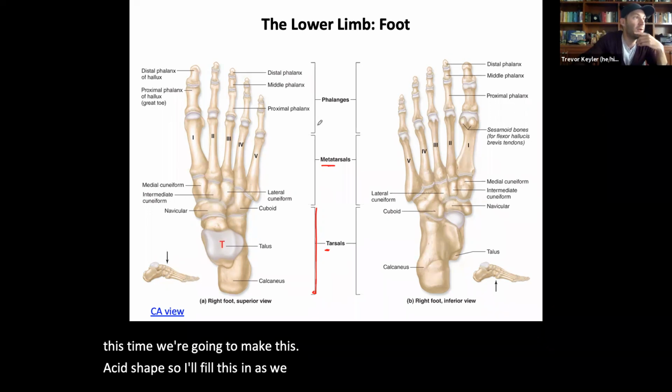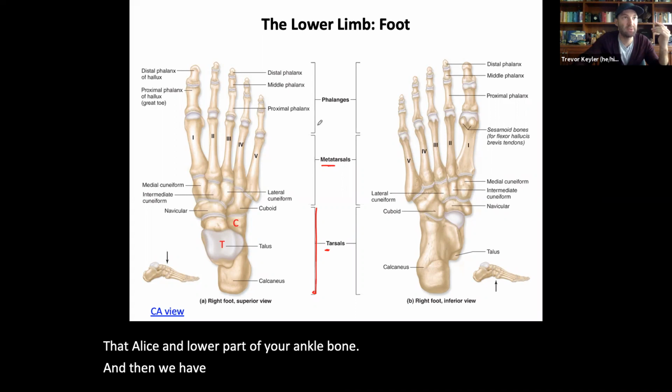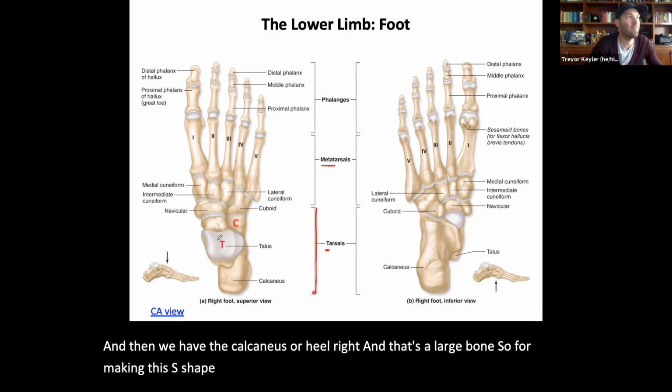Okay, so we've got the talus, the lower part of your ankle bone. And then we have the calcaneus, which is our heel, right? And that's a large bone. So if we're making this S shape, you can see that we're starting at the bottom of the S and then we're going to move this way.